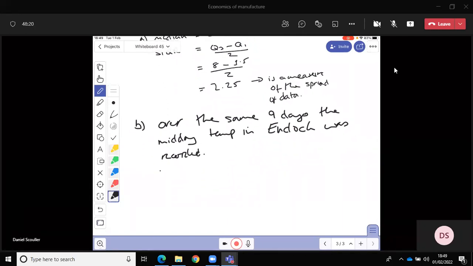The median temp was 8 degrees. And the semi-interquartile range was 1.5.